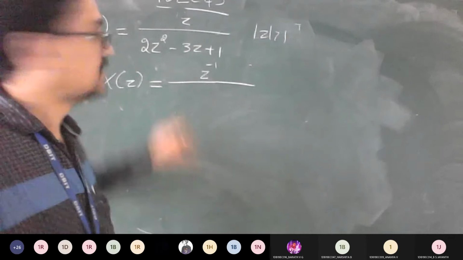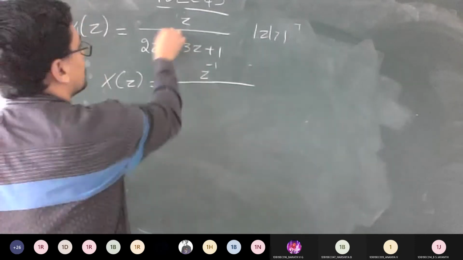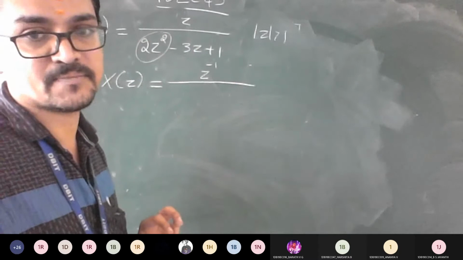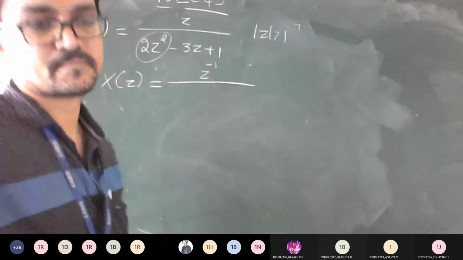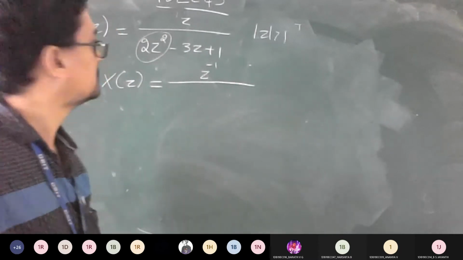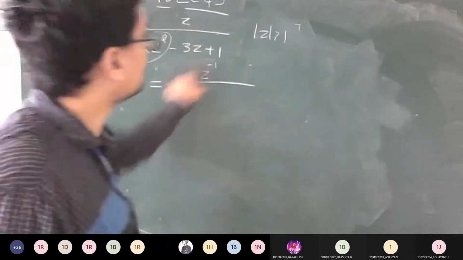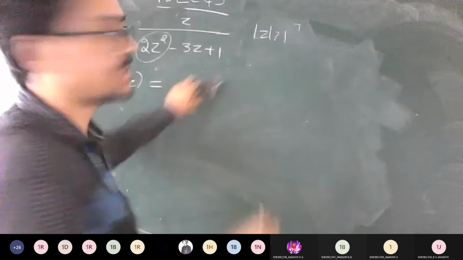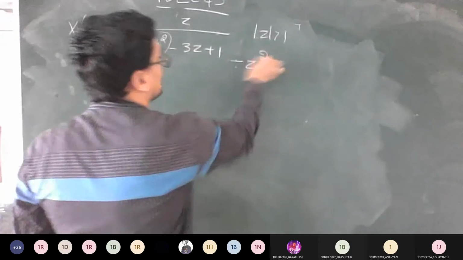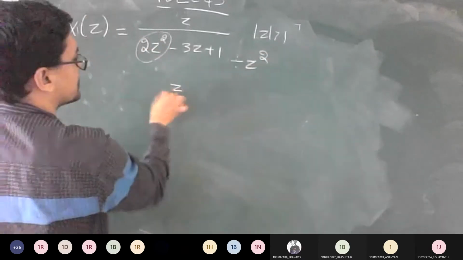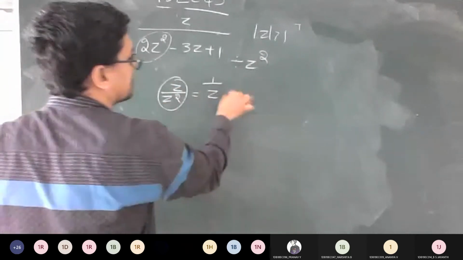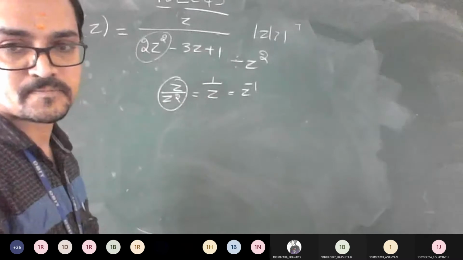Whatever the highest power is, if you divide by that, you are going to get the answer. Correct? If you divide both by z square, it's 1 by z, nothing but z inverse.